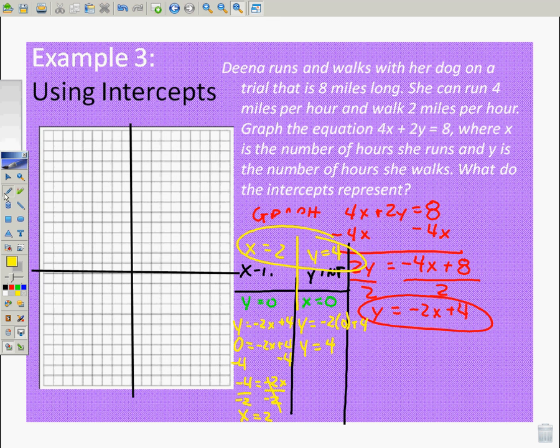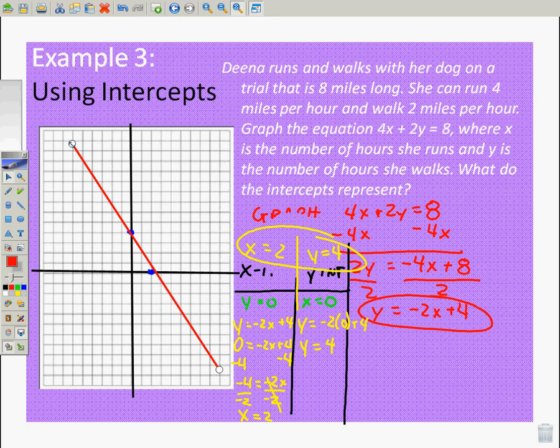And I'll just put in my points like we've done before. x is equal to 2. y is equal to 4. 1, 2, 3, 4. Okay? And when I connect the dots, I notice that I've got a negative correlation here.